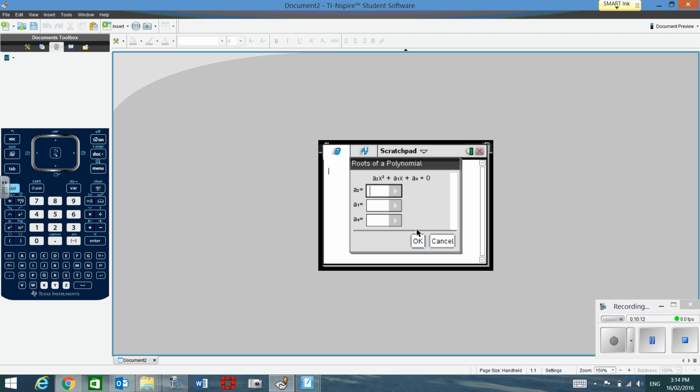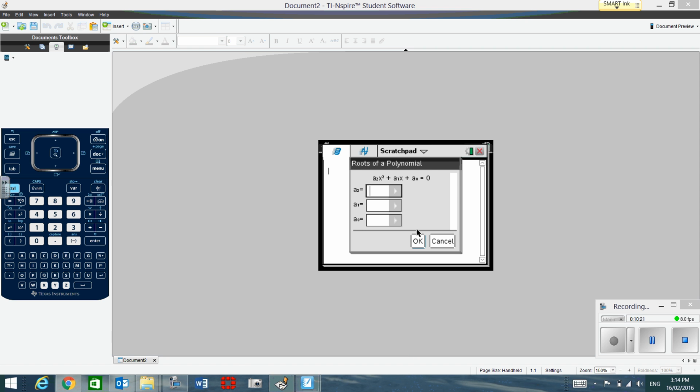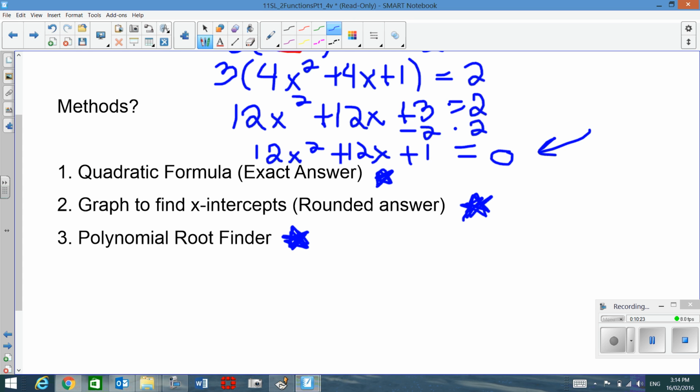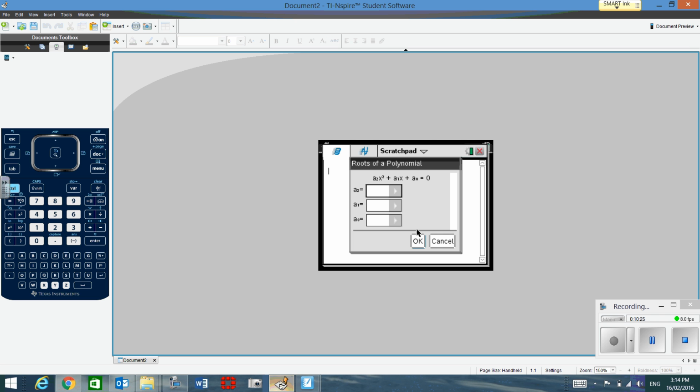And then it's going to ask you for your A, B, C values. However, it asks you for A sub 2, A sub 1, and A sub 0. So if I go back, I believe they were 12, 12, and 1. Yes, they were. So we'll come back here and we'll put in 12, 12, and 1.